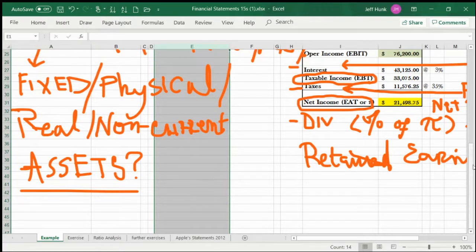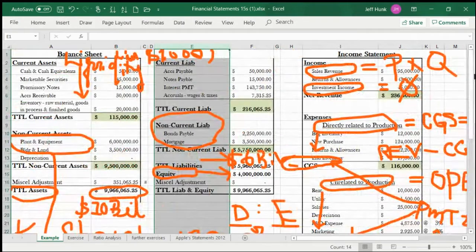And then liabilities are defined as what you owe. Now, but I always find this definition a little lacking because it's incomplete. Why? It's missing the definition of equity.